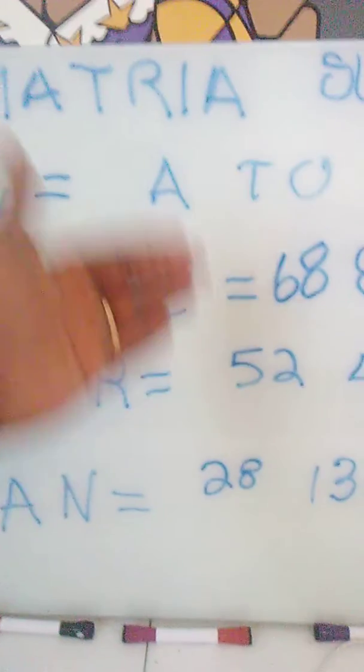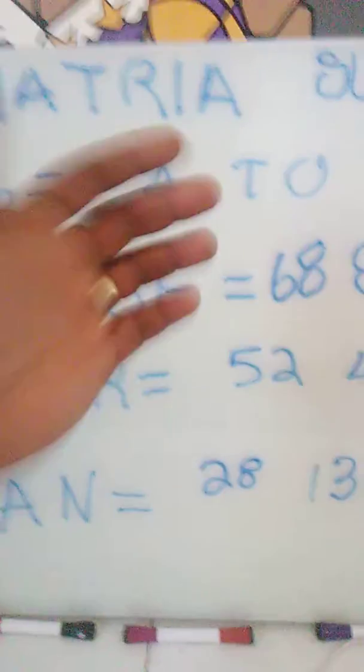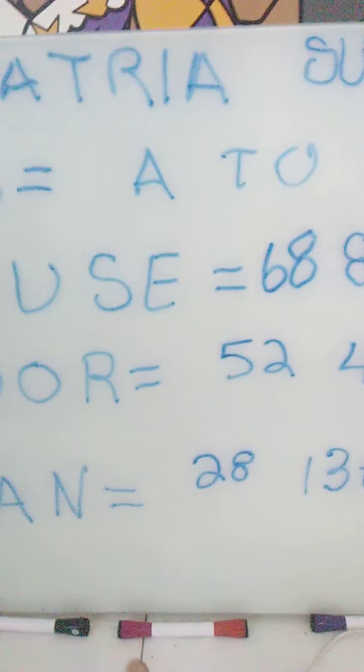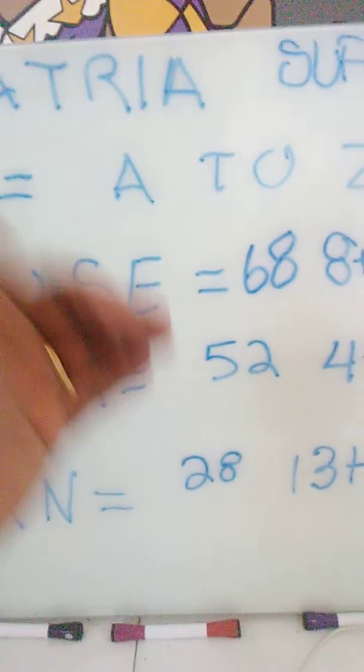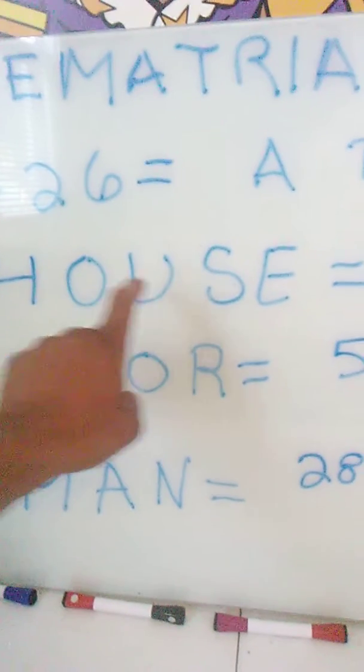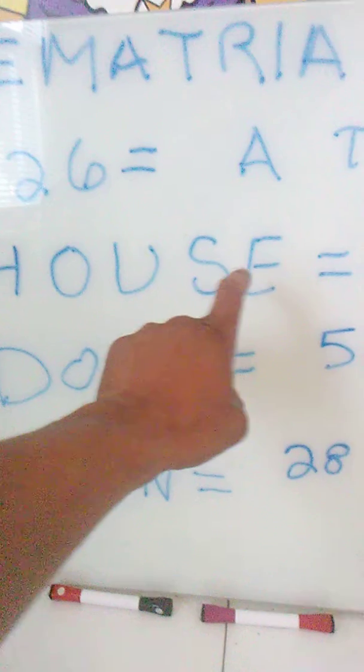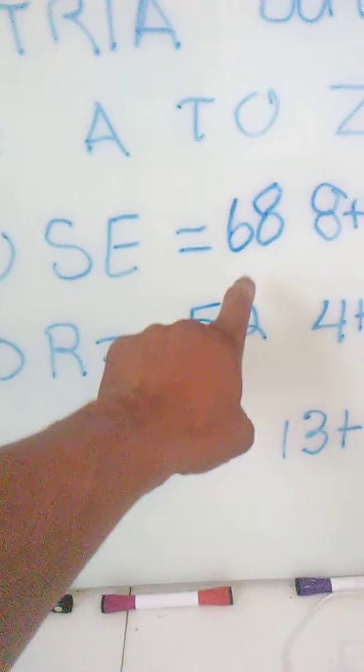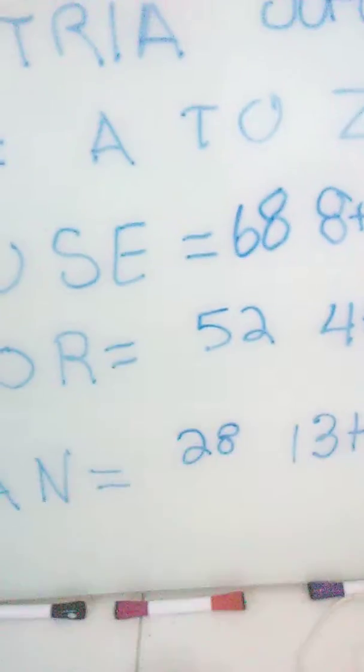When we take the simple, ordinary way, the ordinal, right? And we do not reduce the double-digit letters. When we take the numbers for house, 8 is a H, O is a 15, U is a 21, S is a 19, E is a 5, brings us to a total of 68. That one word, 5 letters, right?